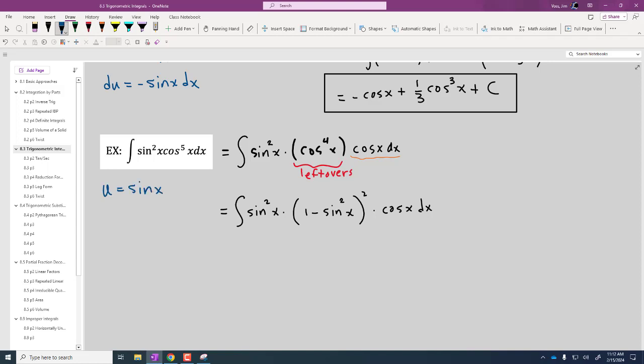We're always going to let u be the other trig function, because its derivative will then grab the cosine. So du will be cosine of x dx. That's going to simplify this tremendously. We're going to have u squared times (1 minus u squared) squared du.